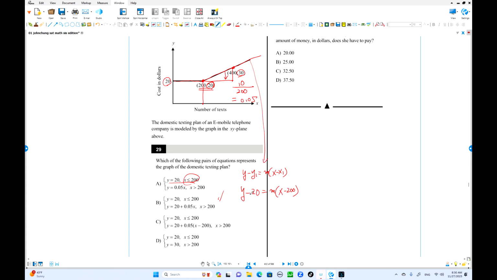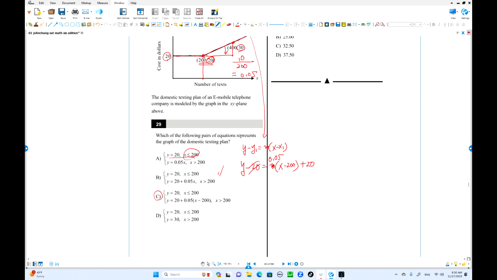So you can add 20 to the right-hand side. So this is 0.05 times x minus 200, plus 20. It's okay? So choice C is the answer.